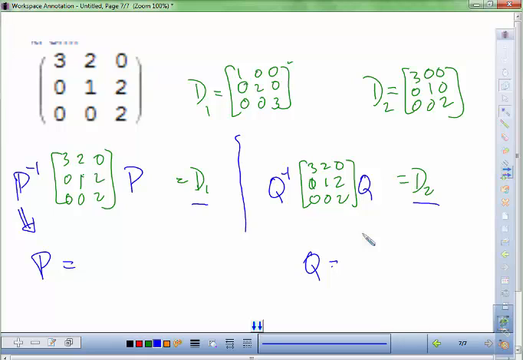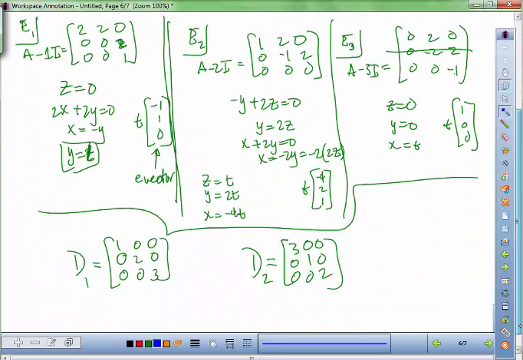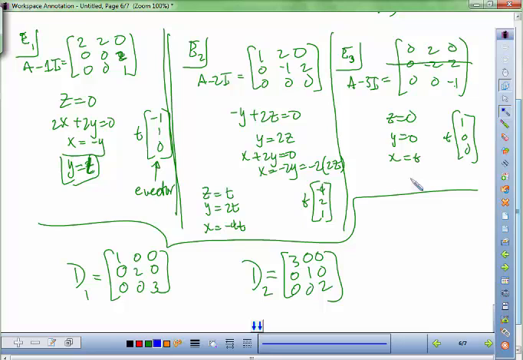It turns out that P and Q are exactly the eigenvectors. You have to use all three of them. Now, we found three eigenvectors, each corresponding to an eigenvalue. So what do you think is going to make P and Q different from each other? The order of the eigenvalues. Let me write this down and then copy it over to the other page.